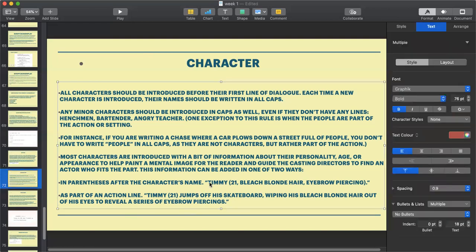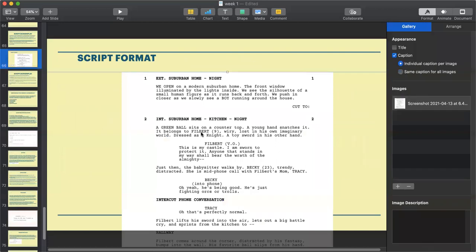So either you can write the character like this, or you can write the character like this. So this is giving the description separately. This is making the description part of the action. Got it?